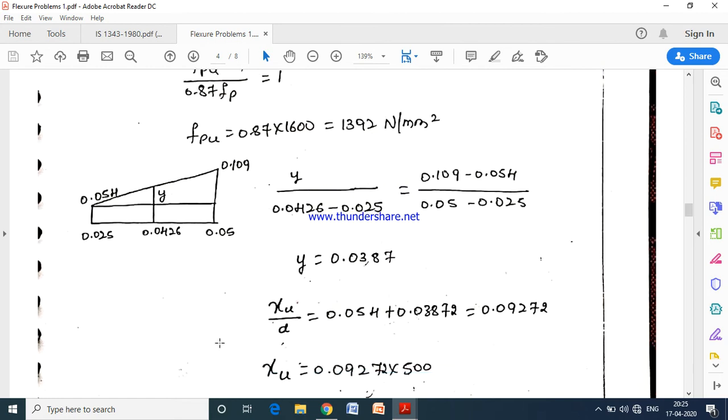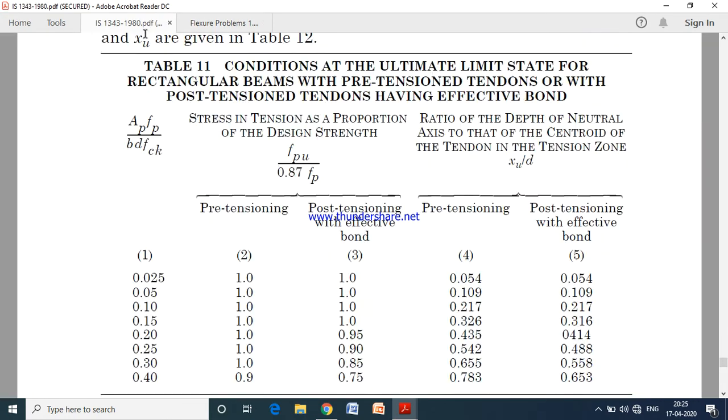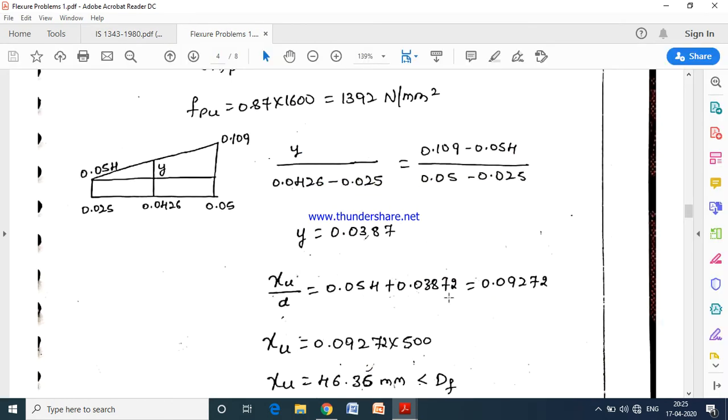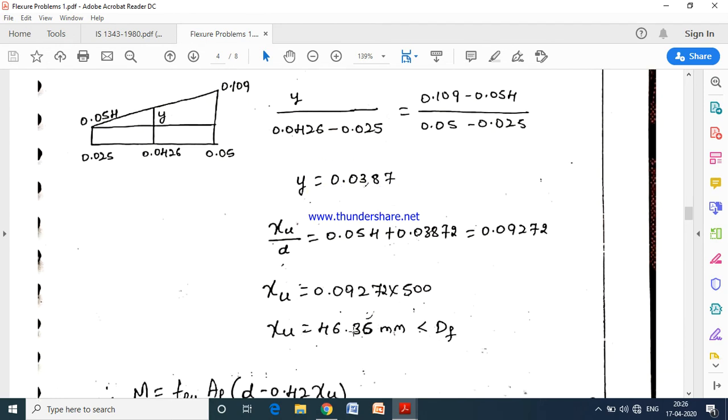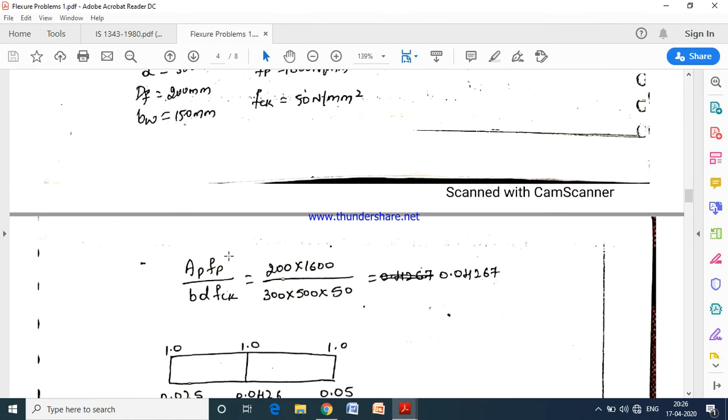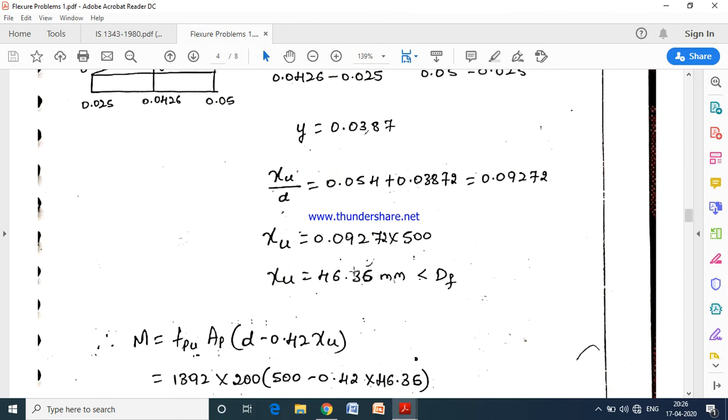Similarly for XU also refer the same code book. It is 0.054 and 0.109. By interpolating we will get 0.09272. So XU is 46.36. So here you can see the depth of the flange is 200 and XU value is 46.36.